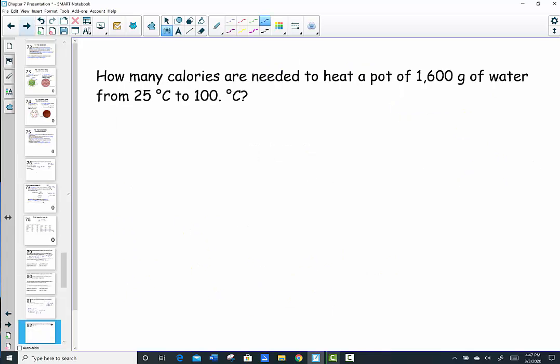Shall we try one? How many calories are needed to heat a pot of water from 25 degrees Celsius to 100 degrees Celsius? I'm going to make that bigger. Q is equal to M times C times delta T. We're being asked for calories, so this is what I want to know.